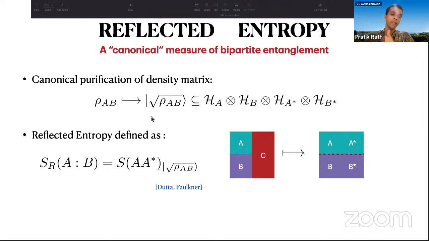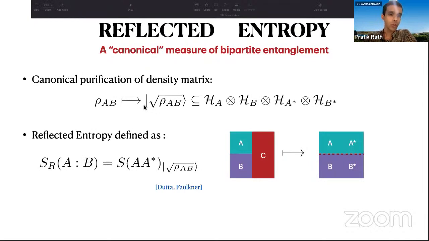And now we think of this as a state which lives on a doubled Hilbert space, which consists of H_A tensor H_B, which was the original copy, as well as a reflected copy, which is H_A star tensor H_B star. This is perhaps something that's familiar to people in the example of going from the thermal density matrix to the thermofield double state, which is the canonical purification. So this is just a generalization of that procedure.